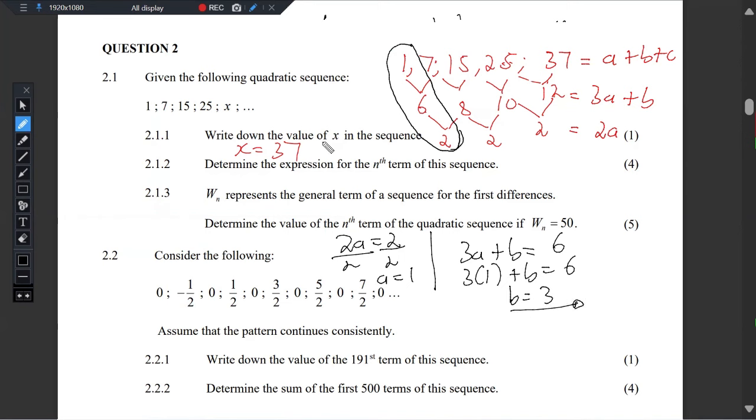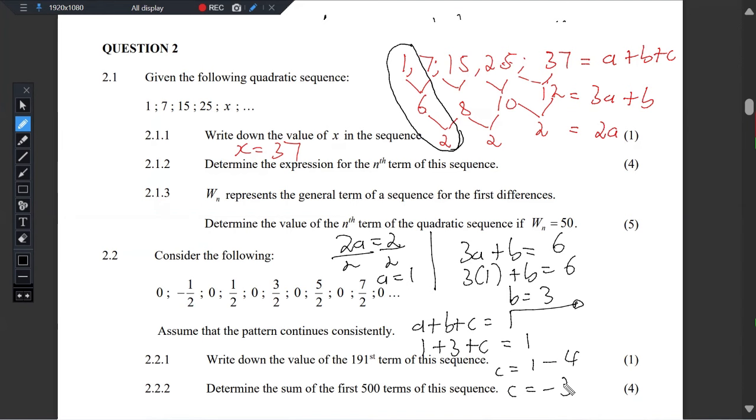Now if I want the value of c, that's a plus b plus c, I equate it to this, so that's 1. Right, so my a is 1, and then my b is 3, and then c is equals to 1. 1 plus 3 is 4. If I say 1 minus 4 after transposing there, then my c is equals to -3.